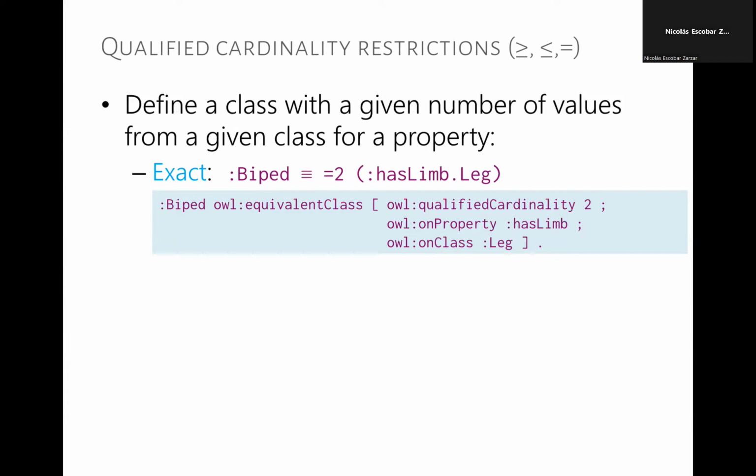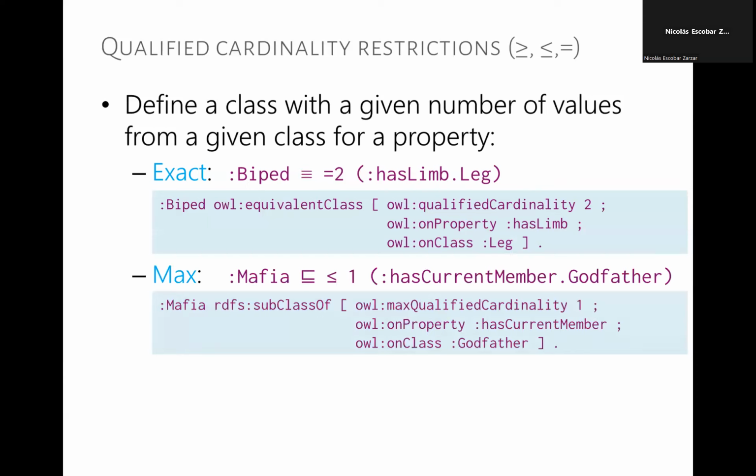So biped is equivalent to the class of things that have two limbs that are legs. We're not going to include the things that are arms. So biped is equivalent class qualified cardinality 2 on property has limb on class leg. We only count the things that are legs, and we forget all the other things.